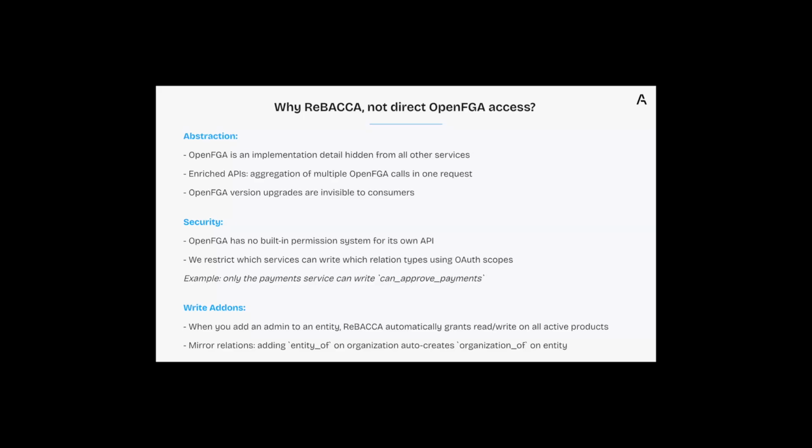The write add-on is, when you write entity-of, Rebecca will automatically create the reverse organization-of tuple. So it maintains consistency in our system without all the teams knowing about this complexity.